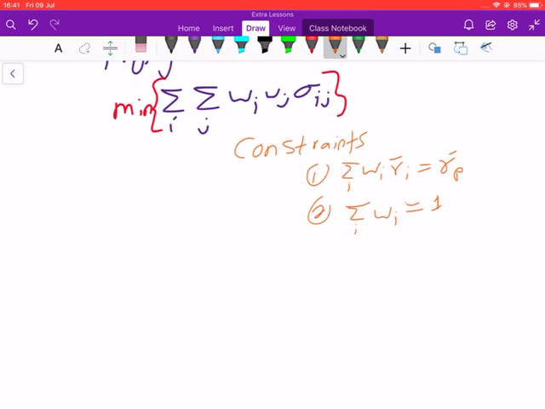So when you have something like this, you are going to find your Lagrange equation, which you do in multivariate calculus.